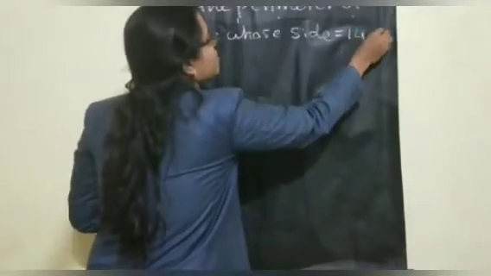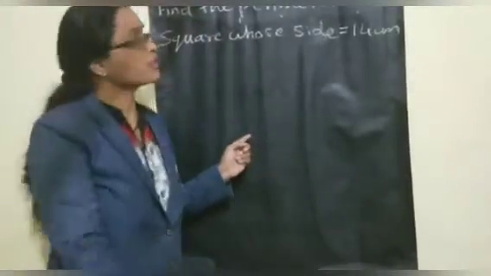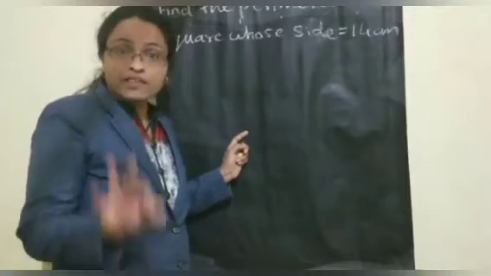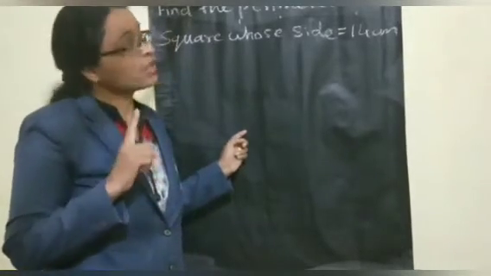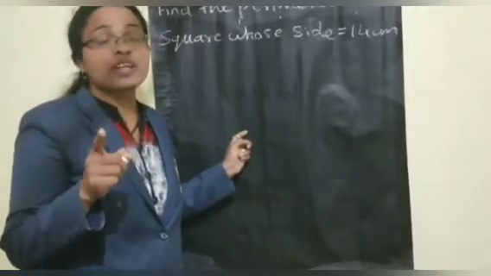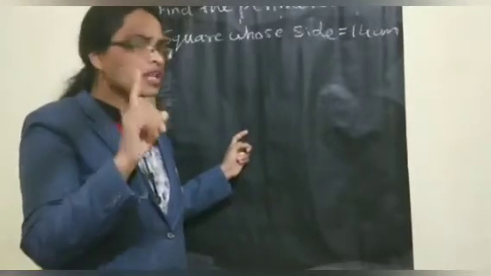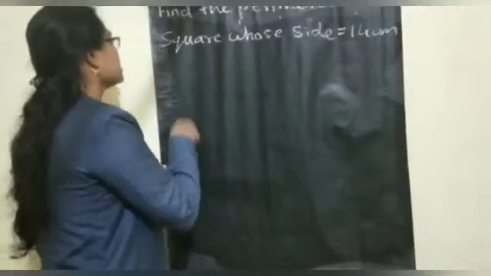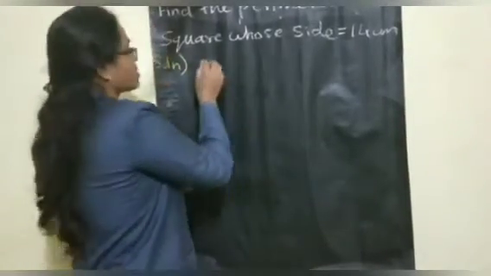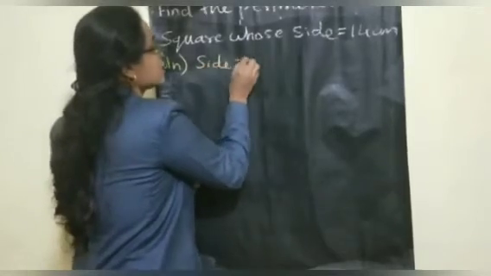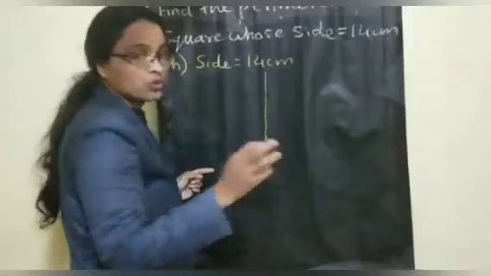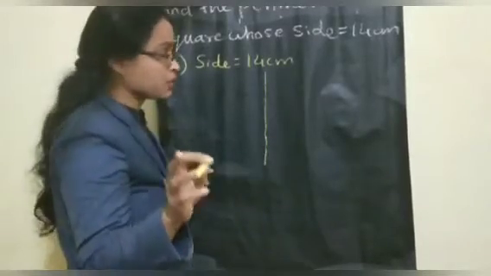14 centimeter, whose side is given, children? 14 centimeter. Now see, a square has 4 sides and they have given only one side. Why? Because all the sides of a square are always equal. So they have given only one time. So how to find the solution here, children? Side is equal to 14 centimeter. Here also 2 methods you can use.